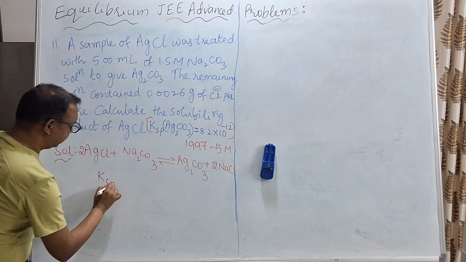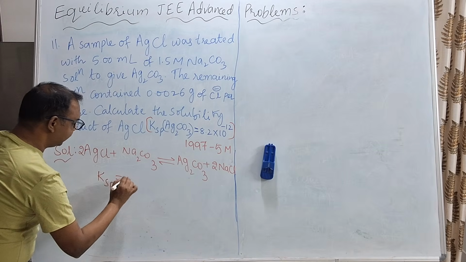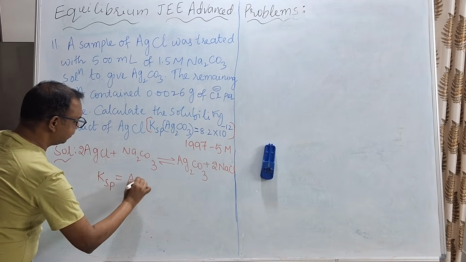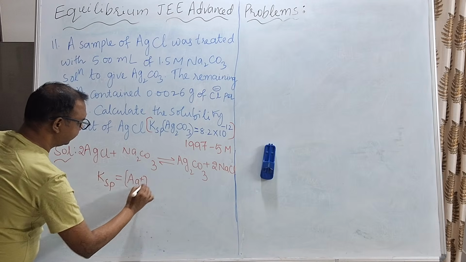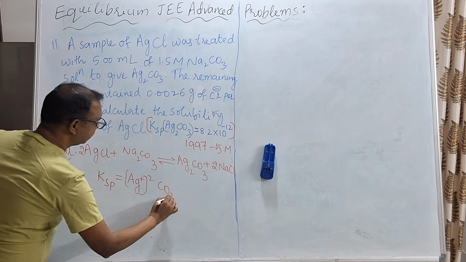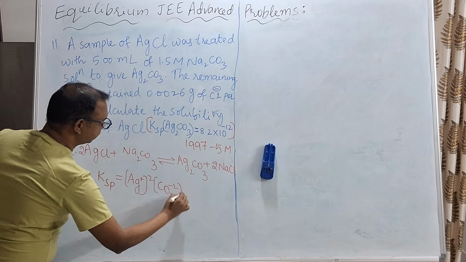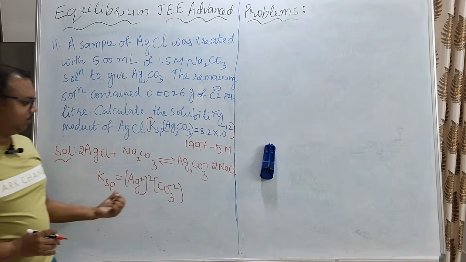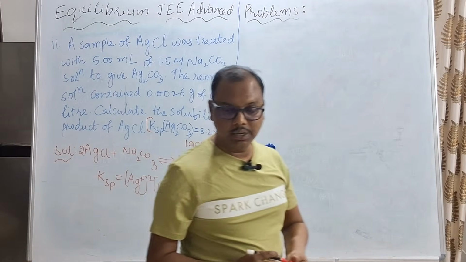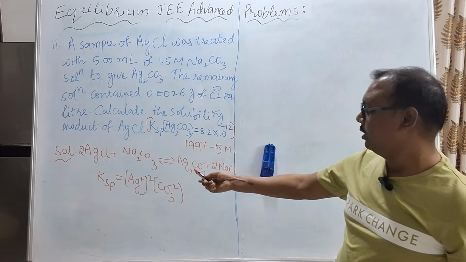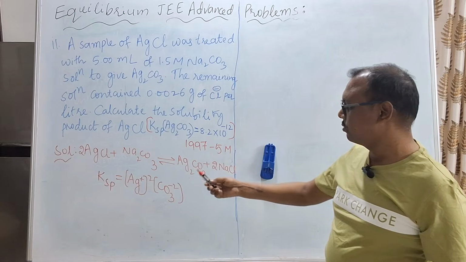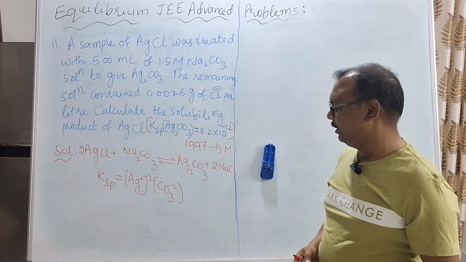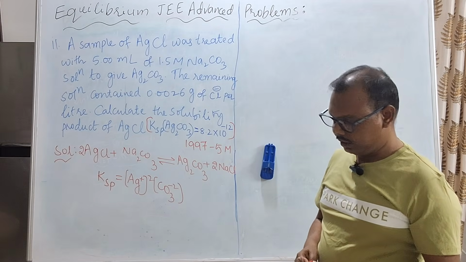Ksp for Ag2CO3 can be written as concentration of Ag plus whole square into CO3 2 minus. You can observe this. Ksp for Ag2CO3, concentration of silver whole square into CO3 2 minus. We can say that. Right?